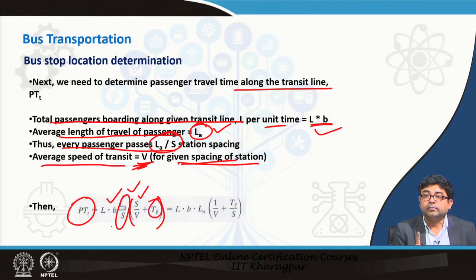T_L is, remember, the lost time: the transit line has to stop and restart every time there is a station.